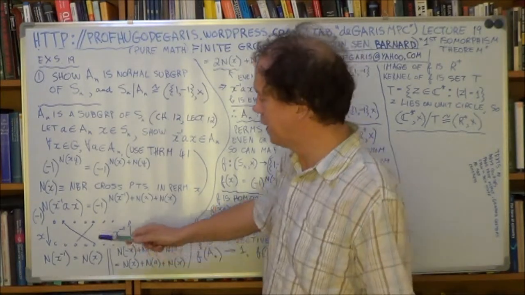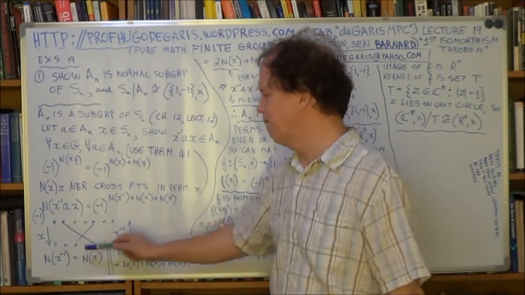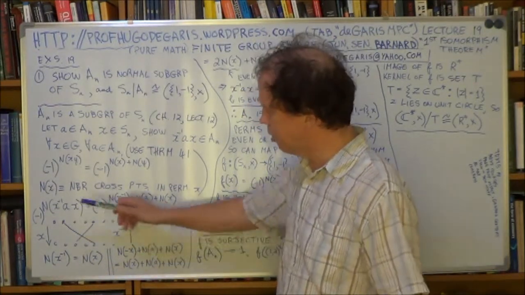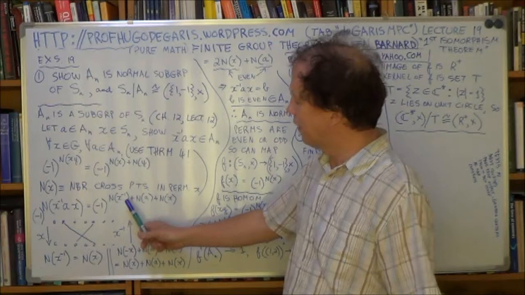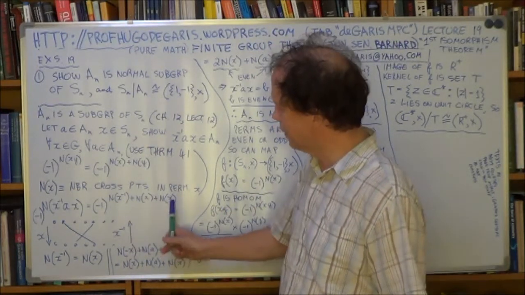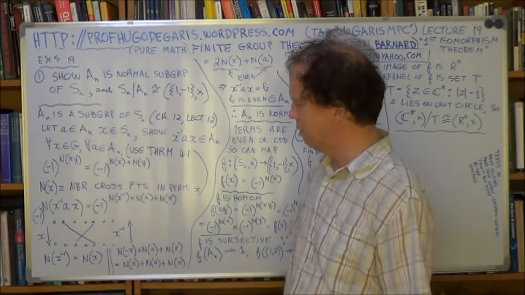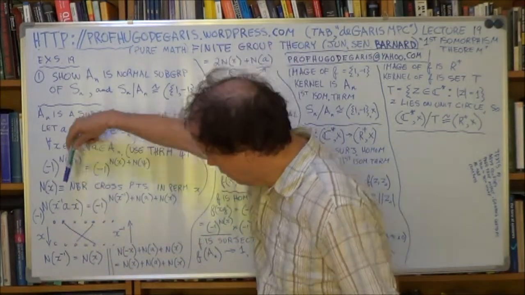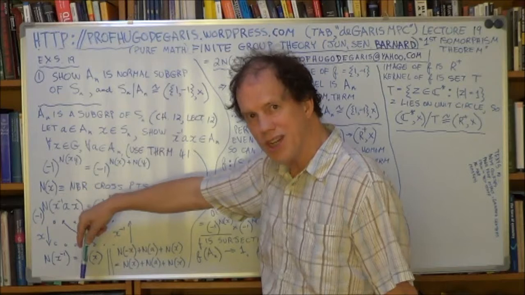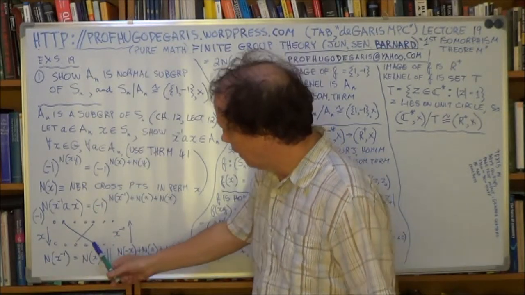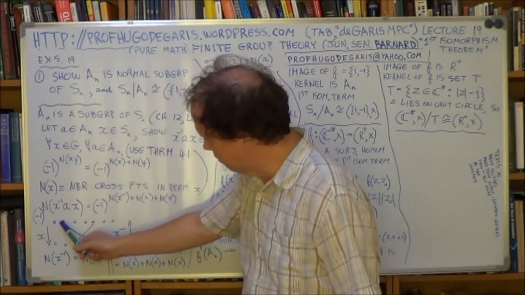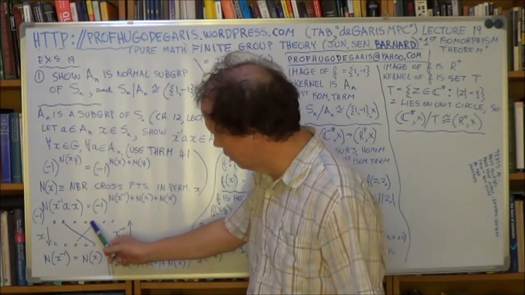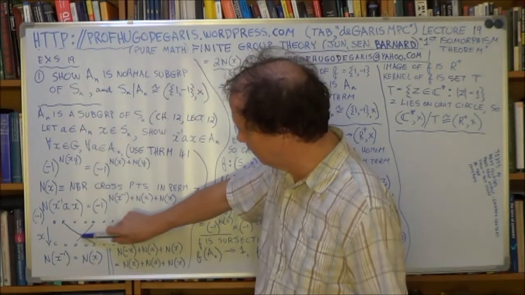If not, consider this. I'm trying to show you that the number of cross points for the inverse is the same as for your x. Going this way, that's your permutation x. Let's say this object gets moved to here and this object gets moved to here, and here's a cross point.